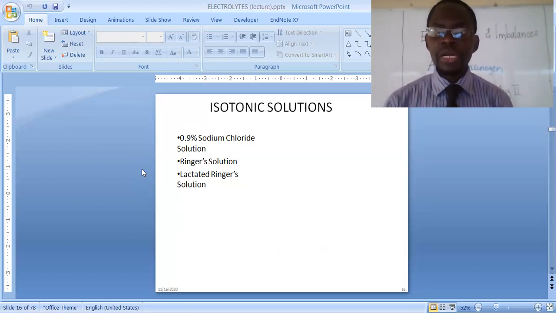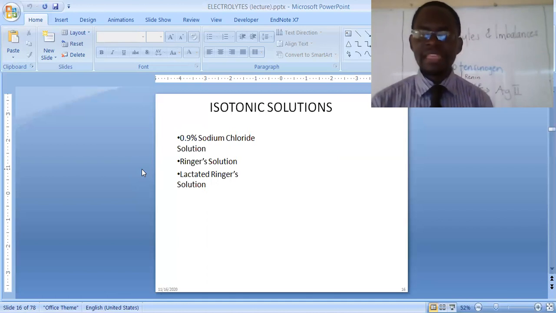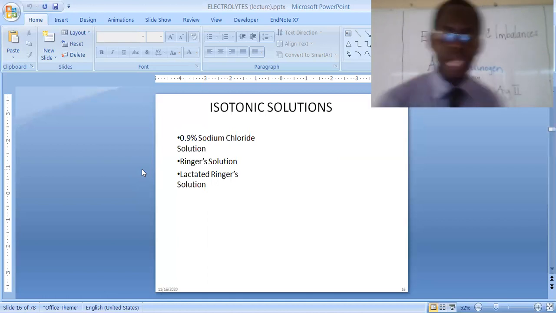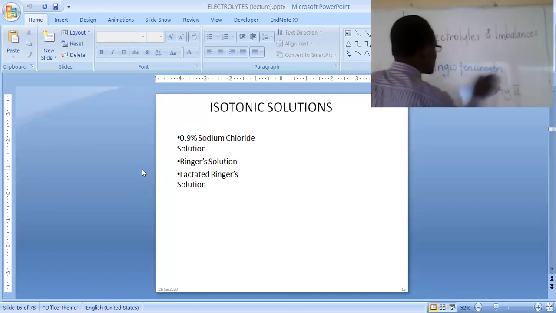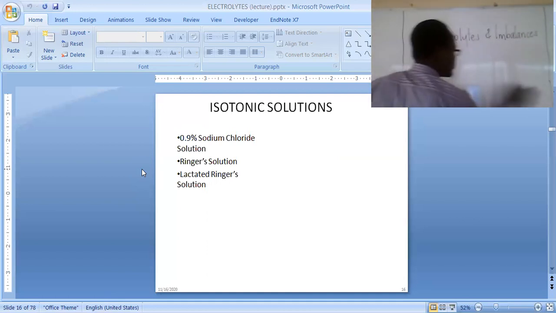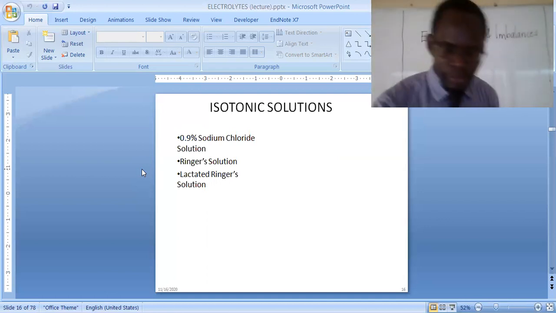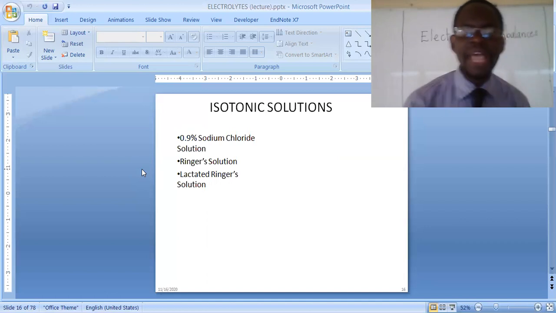The other thing we want to look at is what we call solutions. Solutions can be categorized into three.